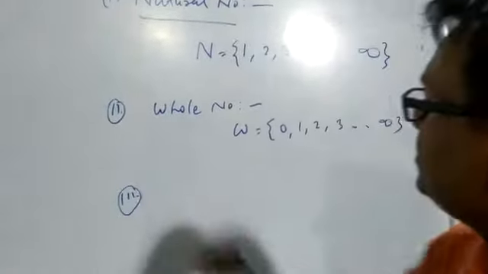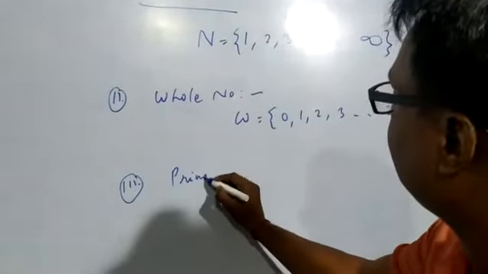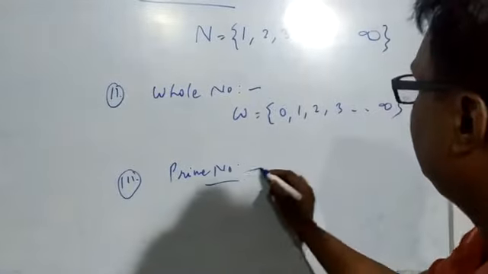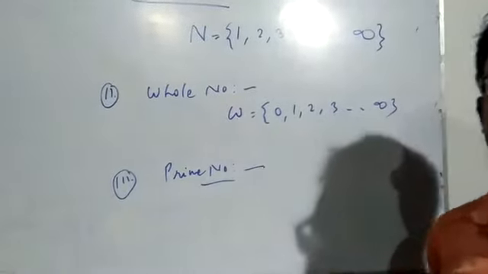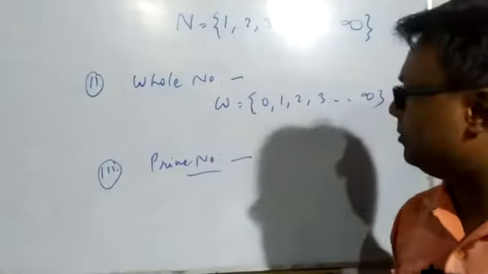Third thing, prime numbers. Those numbers having maximum 2 factors are called prime numbers.